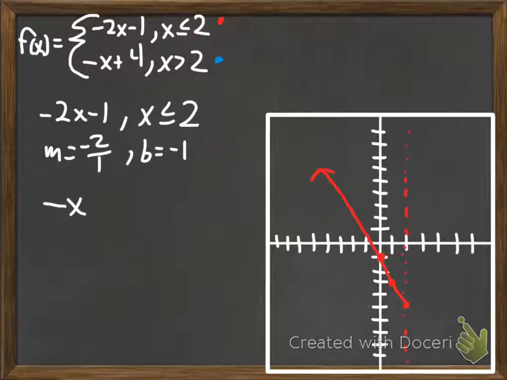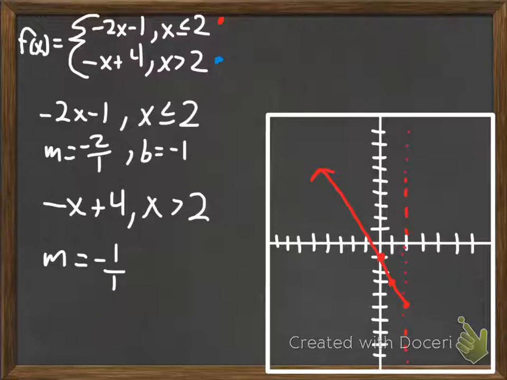So we have negative x plus 4 when x is greater than 2. Again, in slope-intercept form, our slope is negative 1 over 1, and our b is 4. So we're going to go up to 4: 1, 2, 3, 4. Put our blue dot.